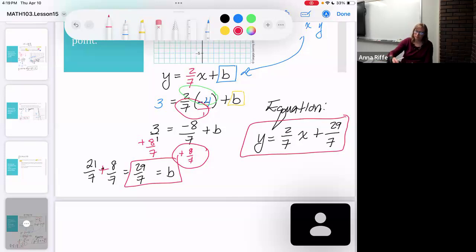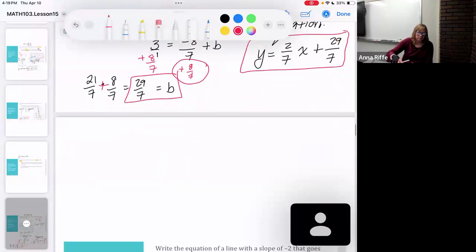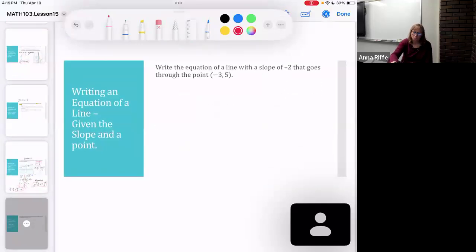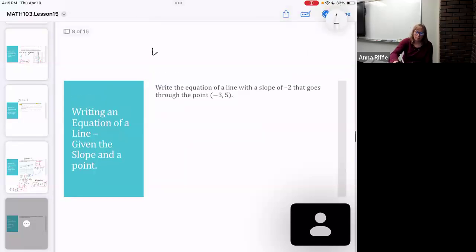All right, great. Well, let's do another one without fractions. See if we can work with that one. So same idea. We are working with this slope-intercept form of the equation of the line, y equals mx plus b.